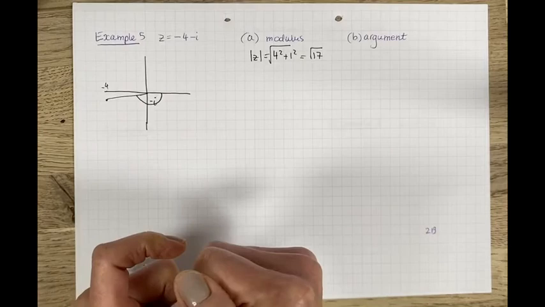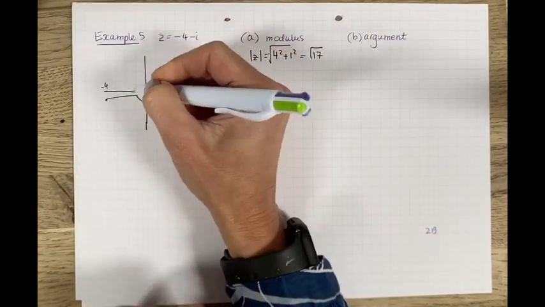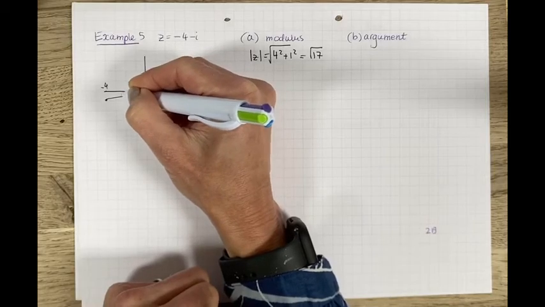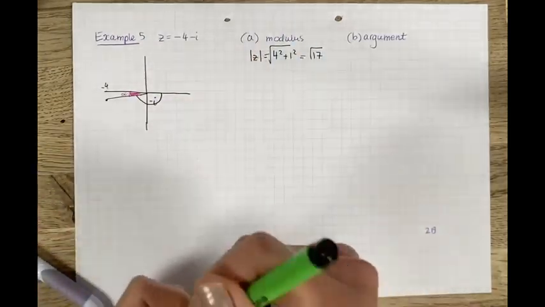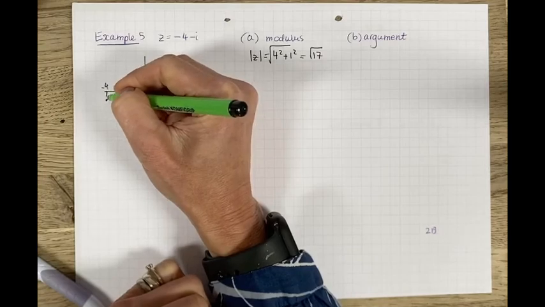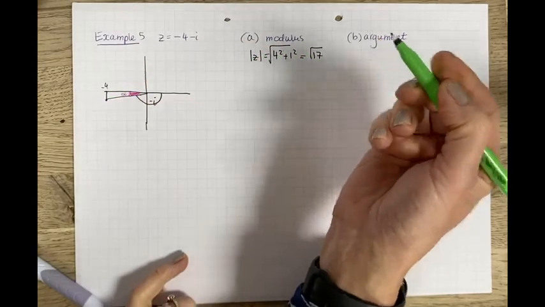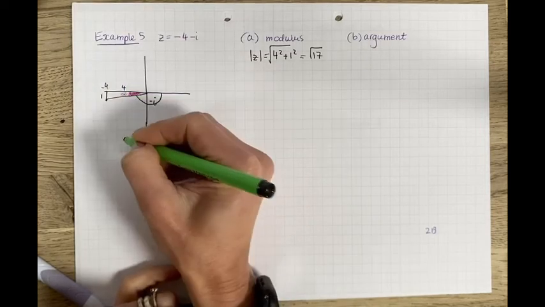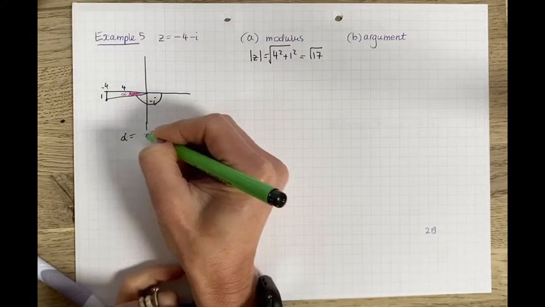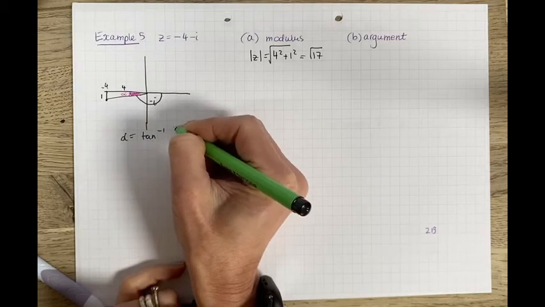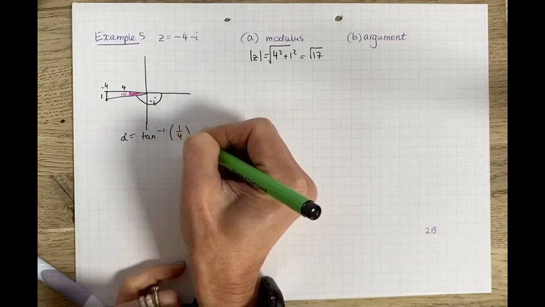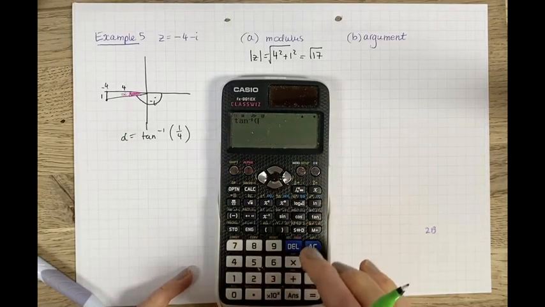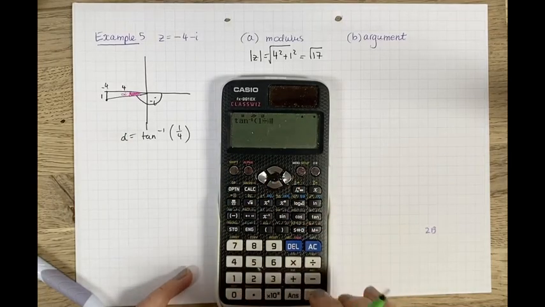In order to find this angle, I'm going to find this angle first. Let's call it alpha, and then subtract it from pi, which is equivalent to 180 degrees. So this is 1 and that's 4. So alpha is equal to tan inverse, or arctan, of 1/4. Shift tan of 1 divided by 4.